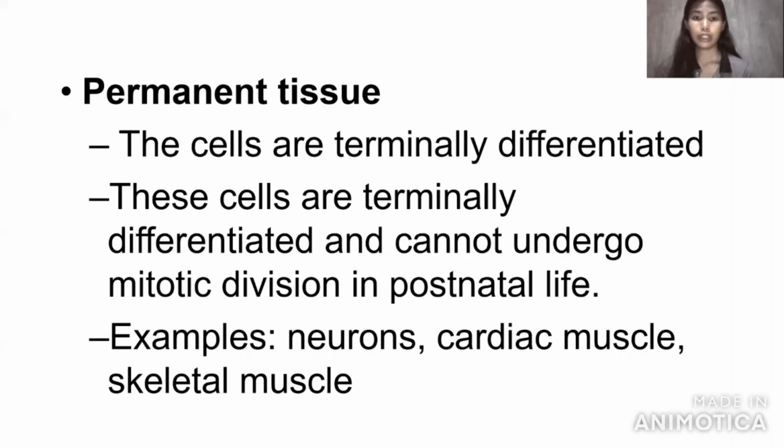Okay. So in permanent tissue, the third part, these are cells that are terminally differentiated and cannot undergo mitotic division in postnatal life. An example of this is neurons, cardiac muscle, and skeletal muscle. When there is an injury to neurons, cardiac muscle, or skeletal muscle, it is replaced by the deposition of connective tissue, and that is what we call a scar.